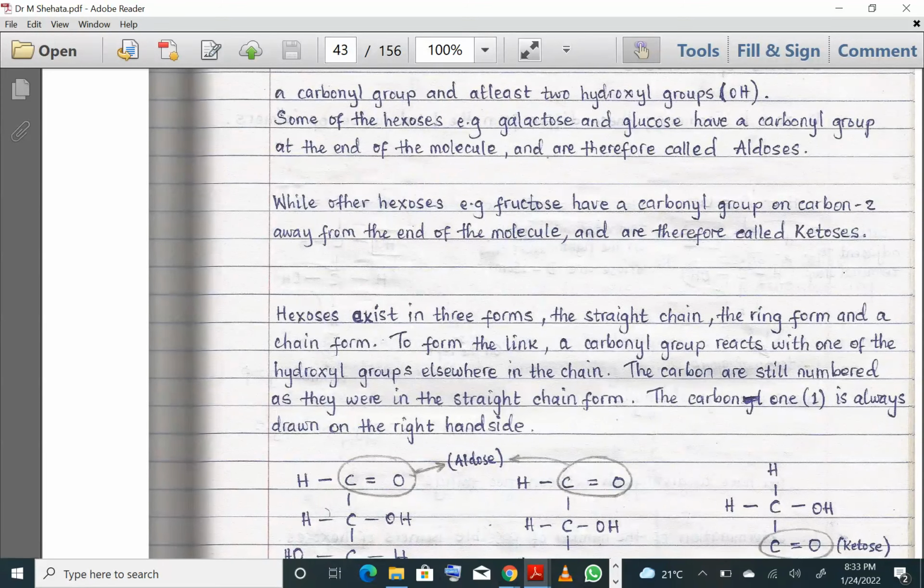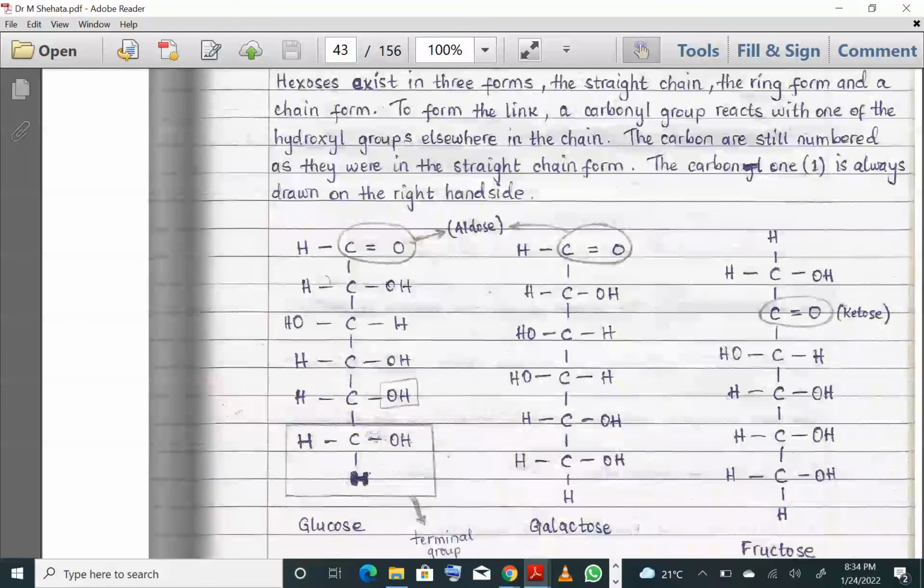So some of the hexoses, such as galactose and glucose, have a carbonyl group at the end of the molecule, so they are therefore called aldoses. While other hexoses such as fructose have a carbonyl group on carbon 2, which is away from the end of the molecule, and are therefore called ketoses. So pretty much what we discussed.